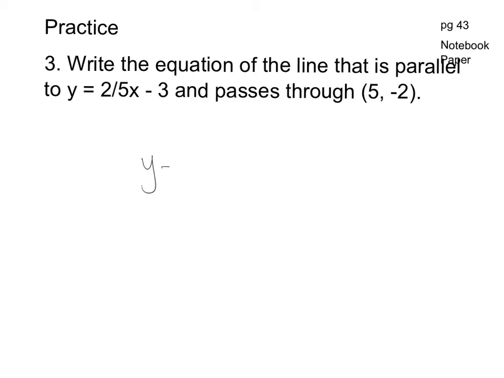So I need y minus y1 equals m times x minus x1. I want to remind you that you're not going to substitute anything in for this value or this value. You will substitute y1 from here, and the slope from here, we'll get the slope here in just a moment, and then the x value from here.